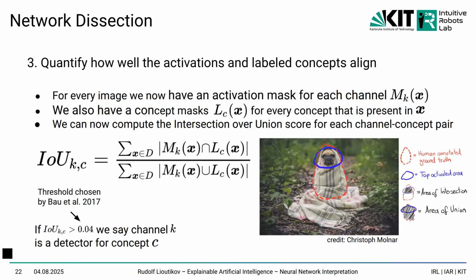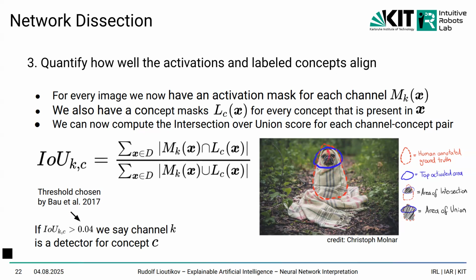But the idea is basically that something could look like this. Oh, you don't see my cursor. You have some area which is the highest active area in the image, which in this case would just be the dog face. But the human said that actually this whole thing tells me it's a dog. So in this case, I would be even more strict on the side of the machine than the human, but that's what you have.